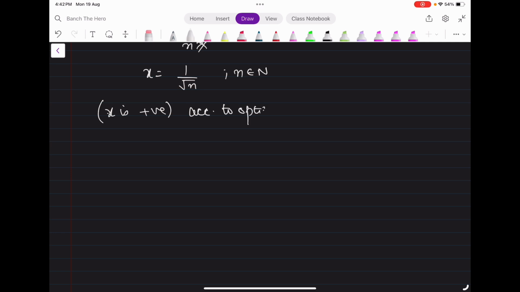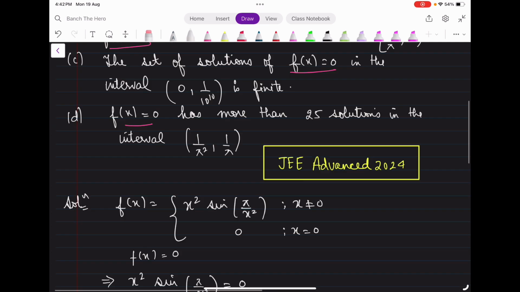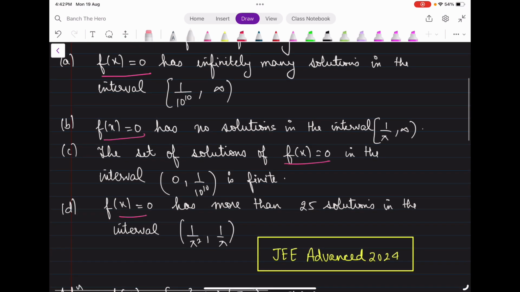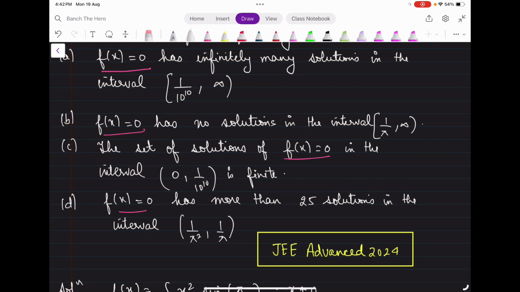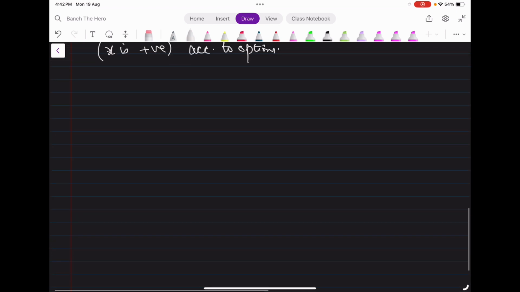Now moving on to the options, we have to go option by option. The first option is f of x is equal to 0 has infinitely many solutions in this interval. What is the interval? 1 by 10 raised to power 10 to infinity. So in option A, x belongs to 1 upon 10 raised to power 10 comma infinity. Now let us try to understand what are the various n which are possible.